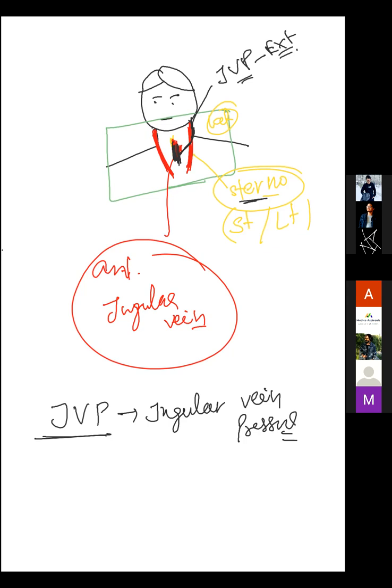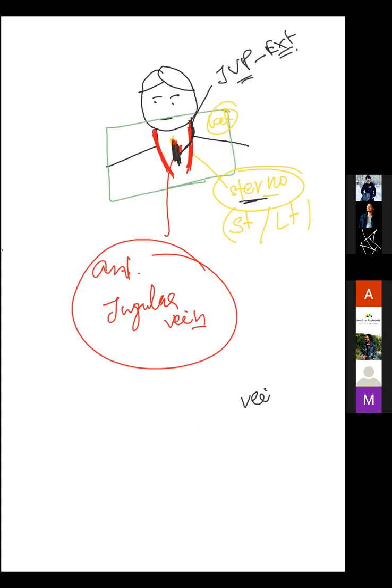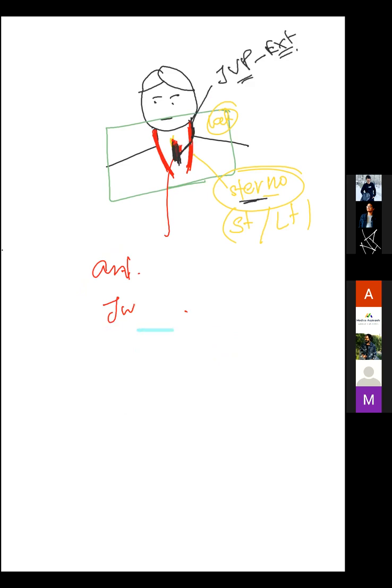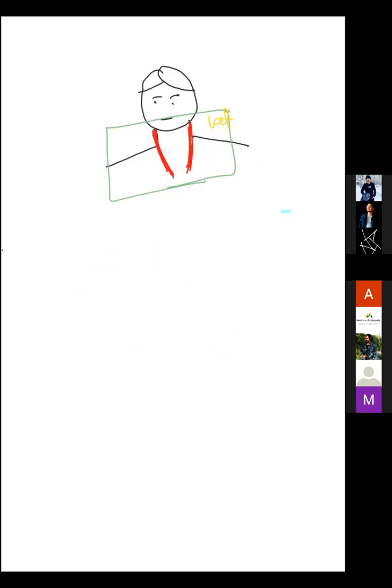In the question, you will also see that there is dark blood coming out from the blood vessels. What you have to keep in mind is that when the question asks about JVP or there is a pulsation, at that moment it is the external part, right?